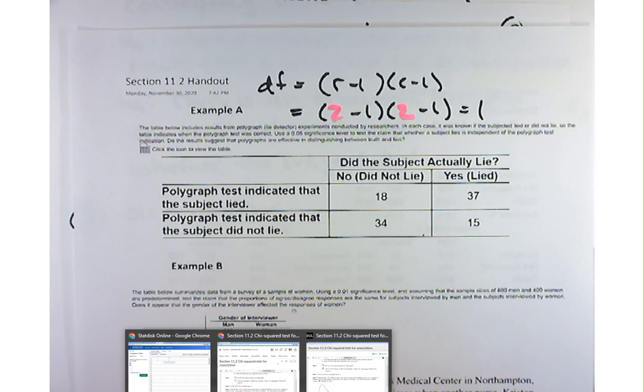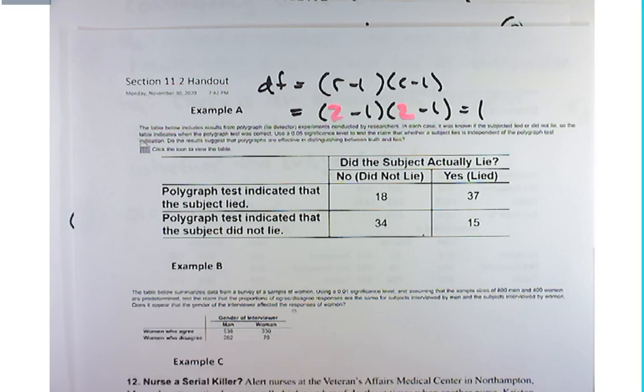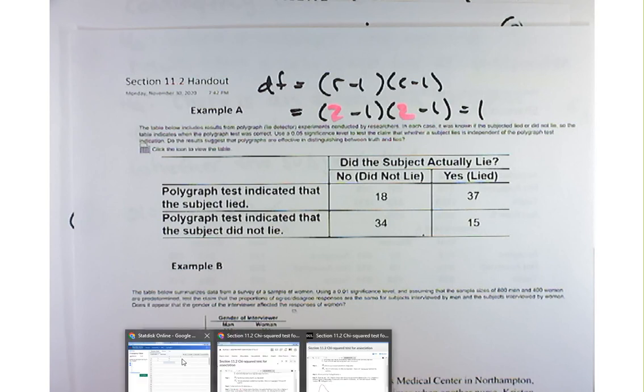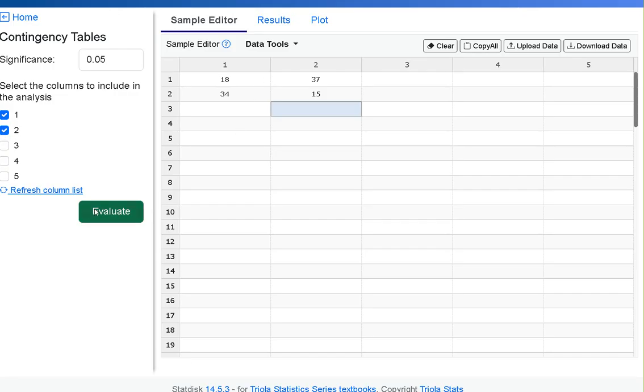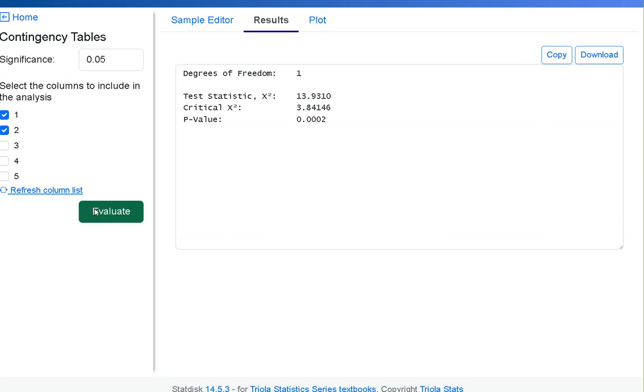So let's see. Let's click evaluate and bang. What is it that I typically get at this point? Yeah, our p-value. Good. So our p-value is 0.0002.